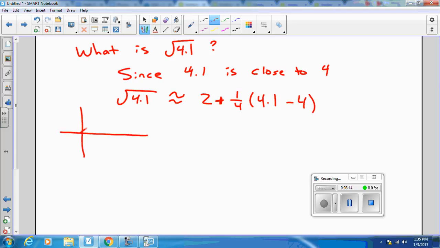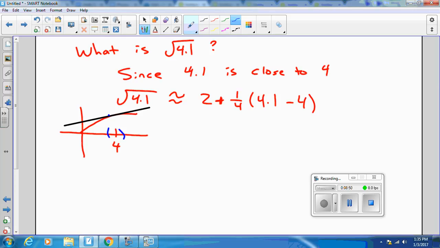Let's look at a picture. Here is the graph of y equals square root of x. And what I did was to create for myself a tangent line at the point x equals 4. That is the point of tangency. If you take a look at the tangent line values, which are in black, and the curve values, which are in red, you can see that in a neighborhood of 4, for x close to 4, you can't tell the difference between the y values on the line and the y values on the curve.